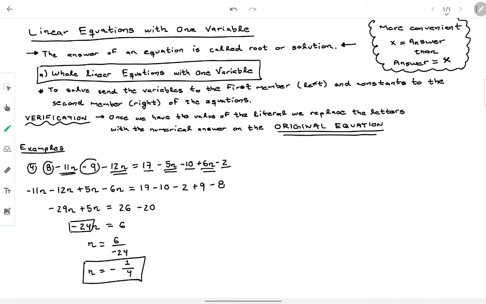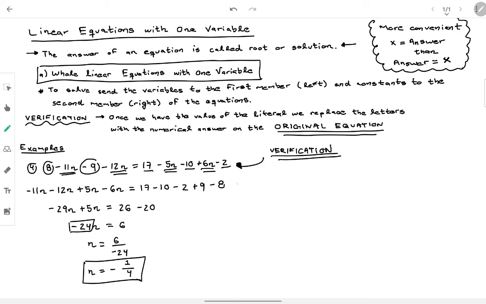So in this case, because we have a specific value of n, we need to do the verification process. I won't do the verification process because of the time. But remember, the verification process must be done on the original expression.